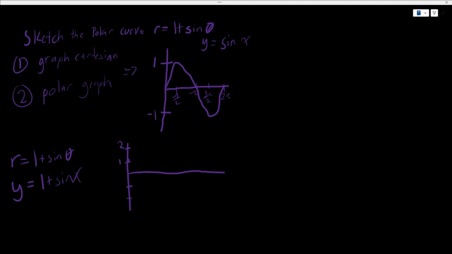And it's going to start at 1 instead of 0. So let's draw our intervals of pi. So pi over 2 again, pi, 3 pi over 2, and 2 pi. Since we're starting at 1, that'll be our midline, just like how our x-axis is our midline right here.